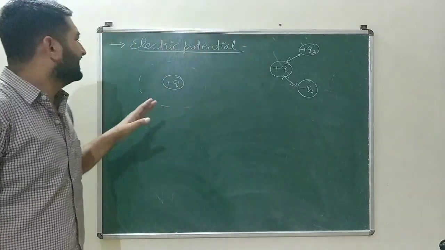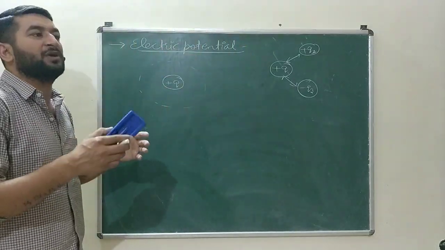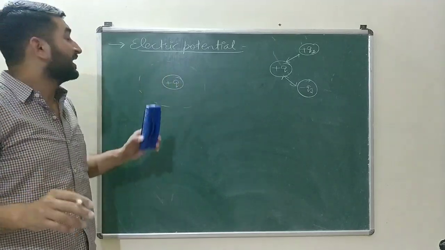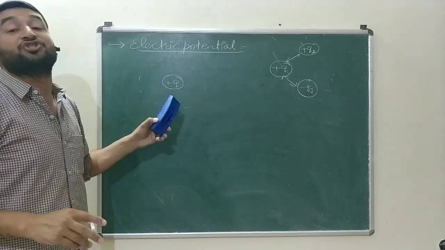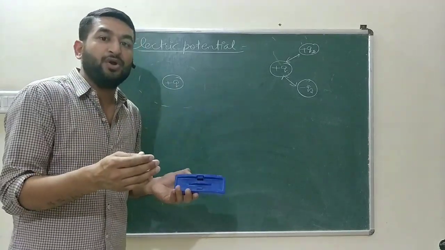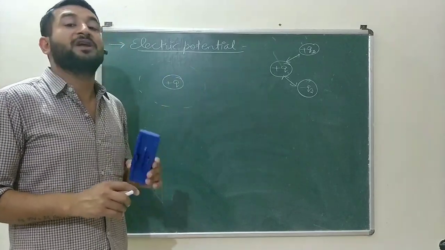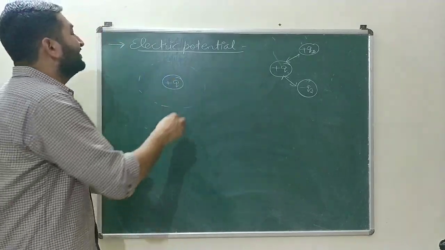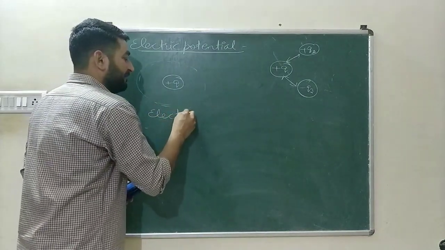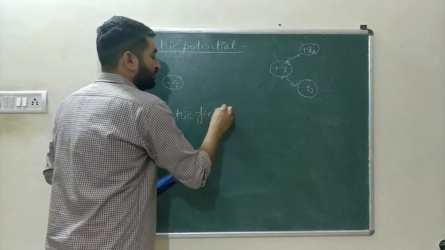But still, in physics, it is considered that there is a hypothetical region around this charge in which it exerts a force of attraction or repulsion over another charge. That region around it is known as electric field. So there are two things.